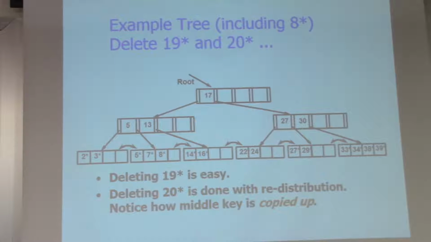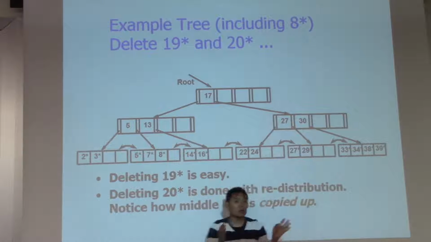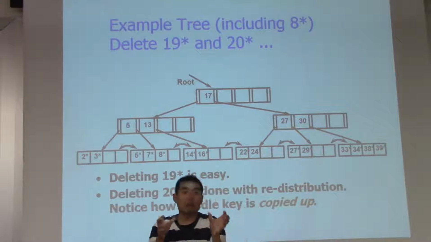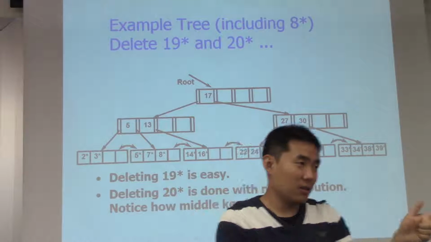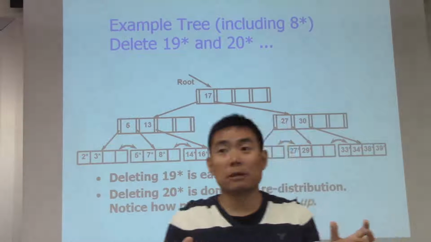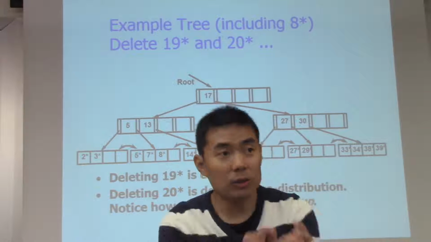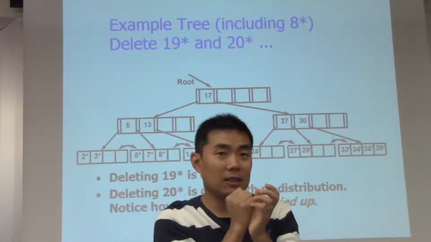Here comes the tricky part. For leaf level merging, you simply merge the 2 nodes. You're done. For index level merging, you need to remember what you did in insertion in order to carry out the merging properly. In insertion, when you do a split, what happens? You push an entry up.